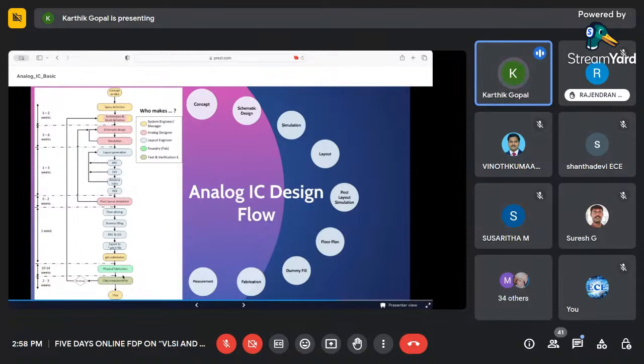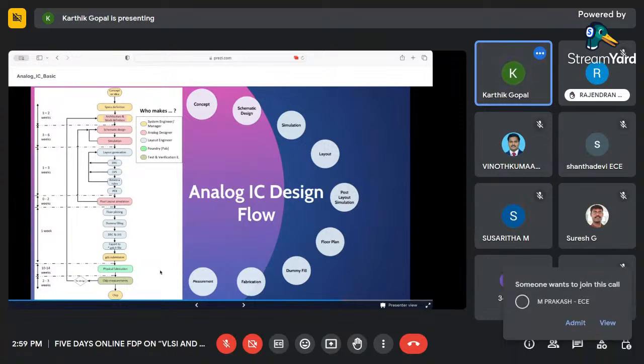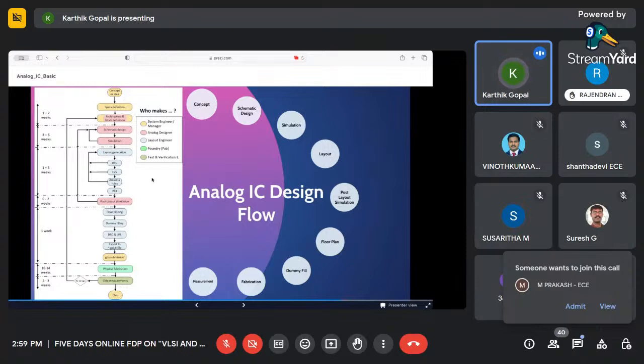So this cycle itself takes around 1 plus years if the first time is not successful. And then in the second iteration, if everything falls in place, the chip comes out successfully to the industry. This is what I mentioned earlier: analog takes 2 to 3 passes for success, and digital takes 1 pass for success. So that is the complexity of analog IC design.